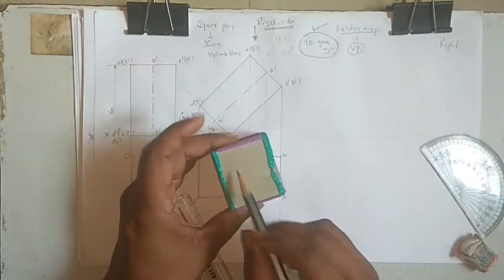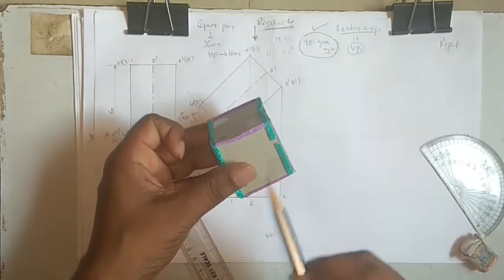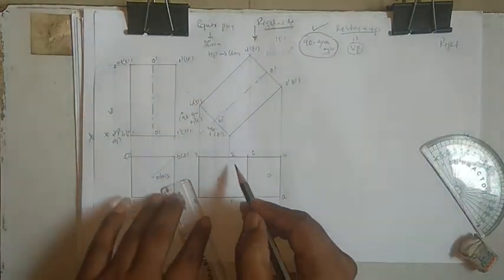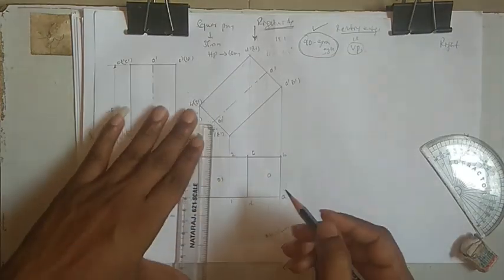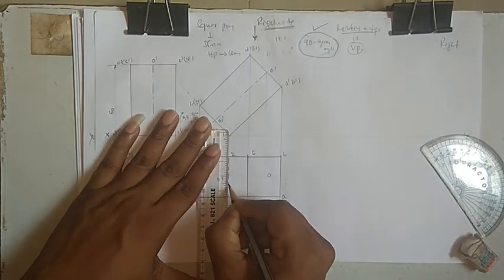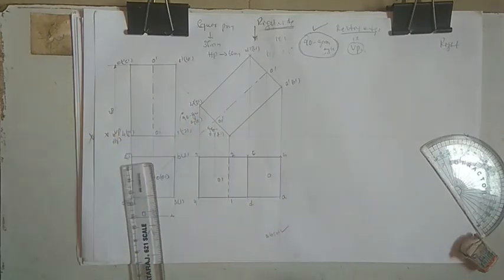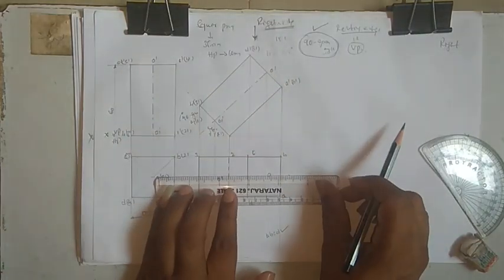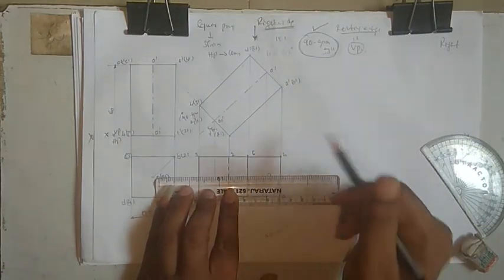Because see here, 4, 3 and DC, when you see from the front, it looks like a line. Now the resting edge is always invisible. It's a dotted line, that is 1 2. That is always invisible. Now O to O1 is an axis line, so you just make it here.